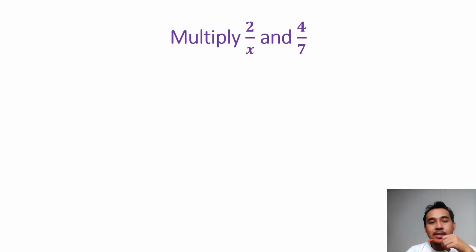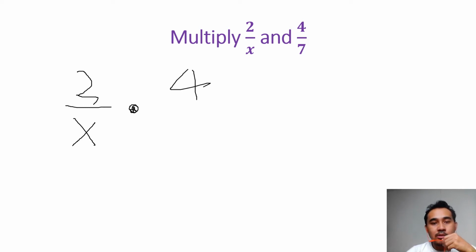Okay, let's have an example here. Multiply 2 over x and 4 over 7. So you have 2 over x times 4 over 7.